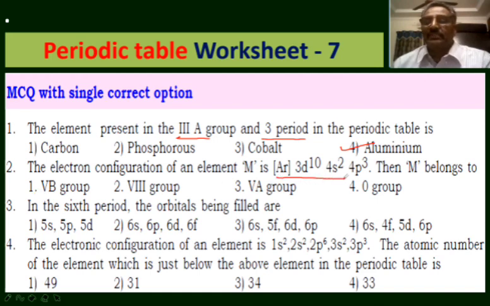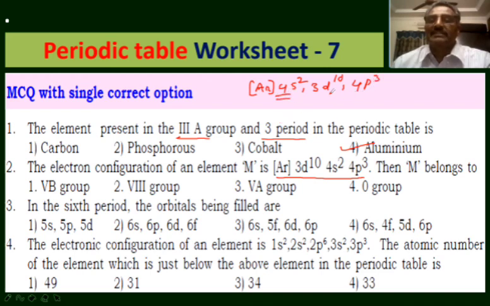Let us rearrange this electronic configuration as argon, after the filling of the valence shell in the third period, the next electron goes to 4s2. After 4s, the electrons are filled in 3d, 3d10 and 4p3. This is the order we generally follow.